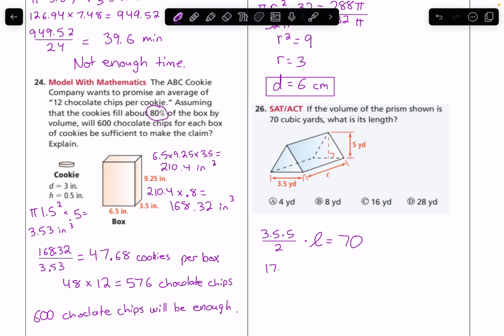That's 17.5 times the length equals, they did 3.5 times 5 and then multiplied everything by 2. So it's equal to 140. So I multiplied by 2 and then did 3.5 times 5. Divide both sides by 17.5. And I find that the length is equal to 8. So B is the answer there.